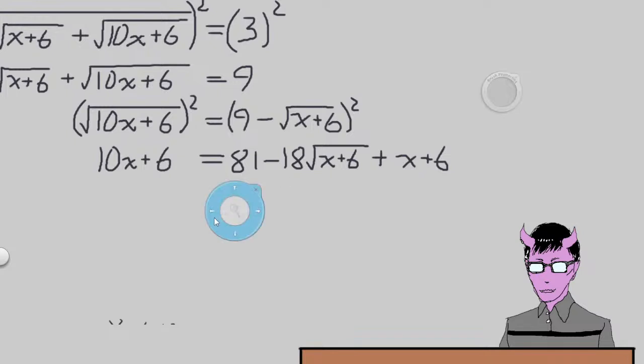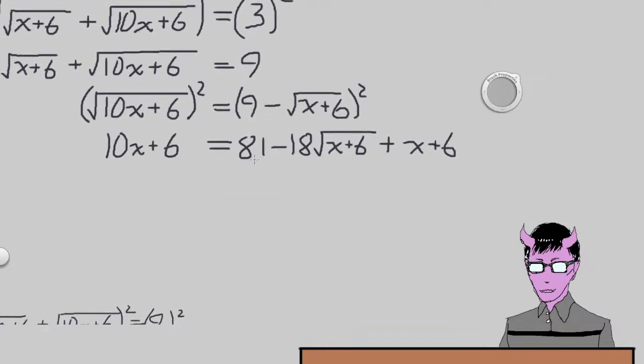So let's do that. Let's move those three terms to the other side. So 81 plus 6 is 87, and then we're going to subtract 87 from both sides, so that's negative 81.